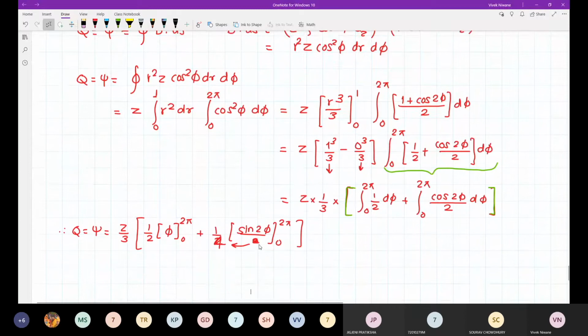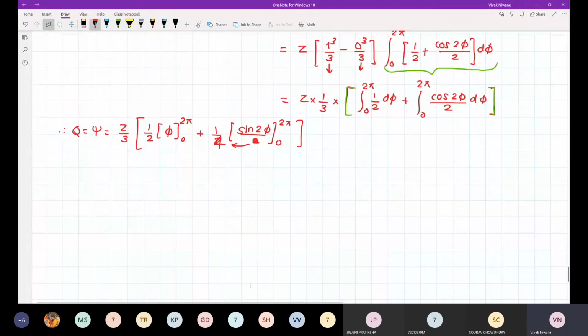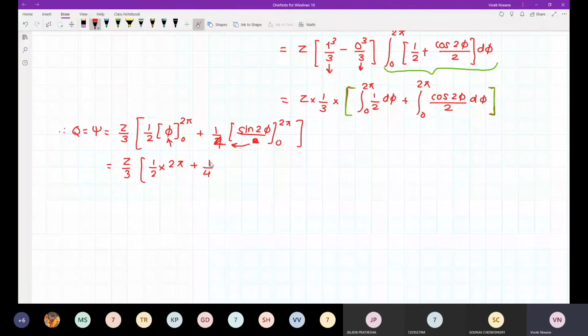It gets lengthy when you do it manually. So you will have z upon 3 into bracket, and the value will be 1/2 into 2 pi plus 1 by 4 sine of 4 pi.